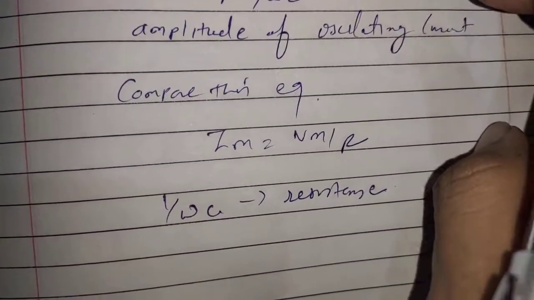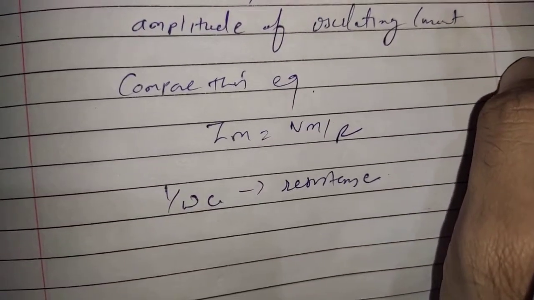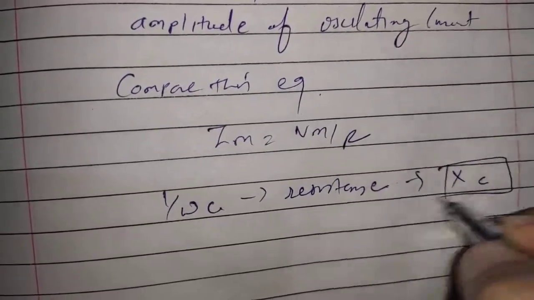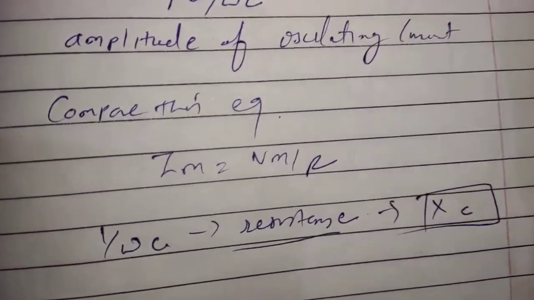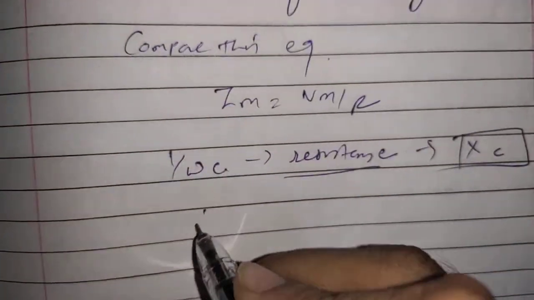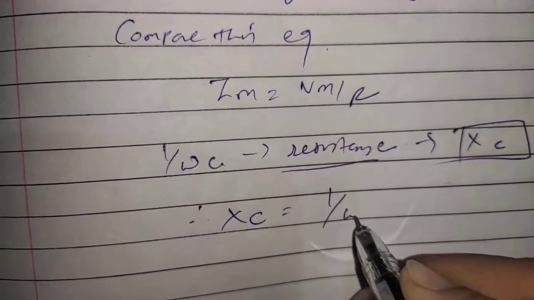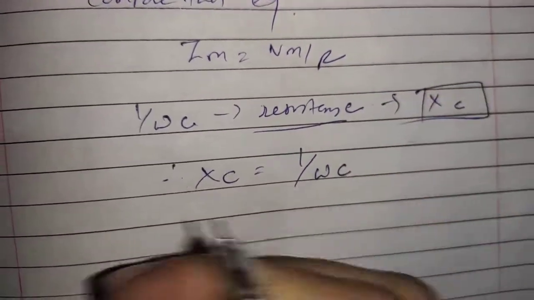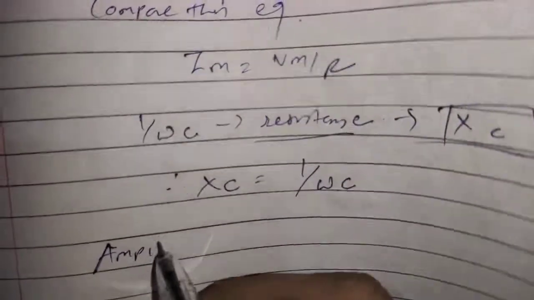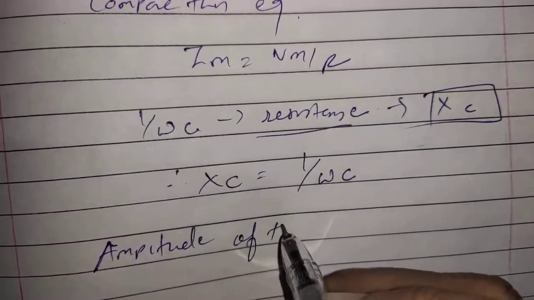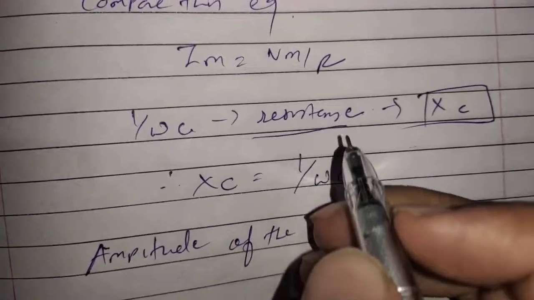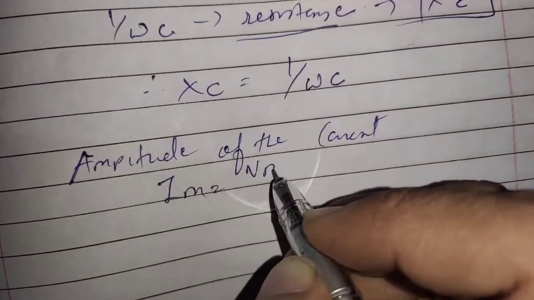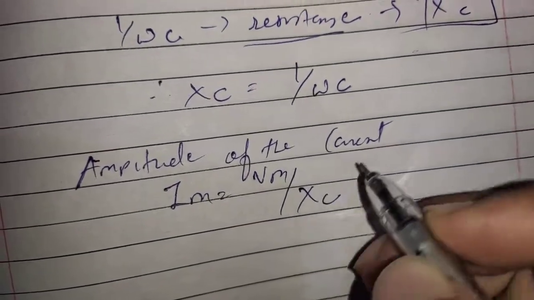It is called capacitive reactance and it is denoted by Xc. Capacitive reactance. So guys, Xc is equal to 1 upon omega C. So the amplitude of the current Im is equal to Vm upon Xc.